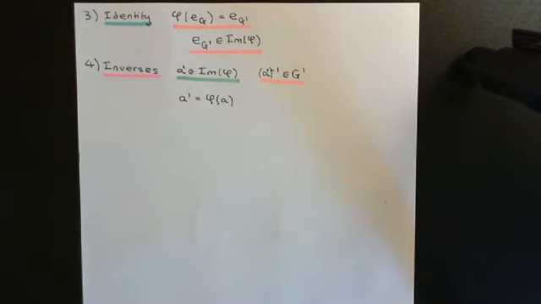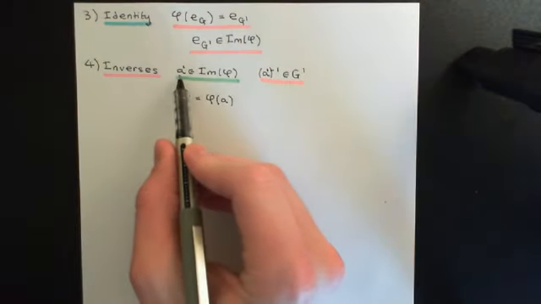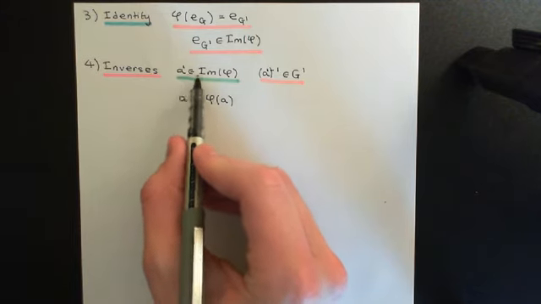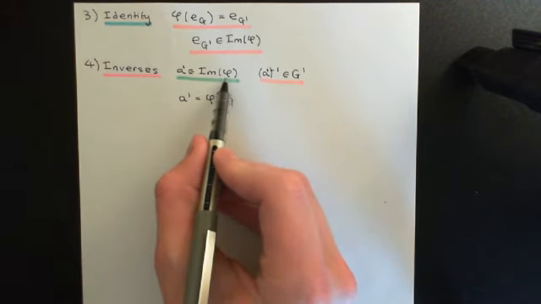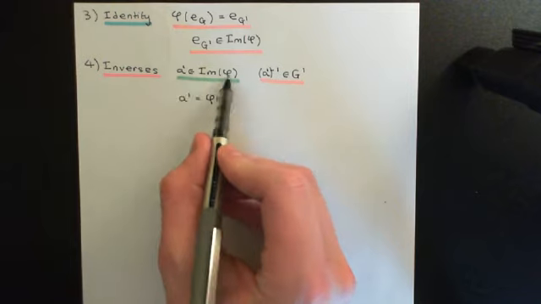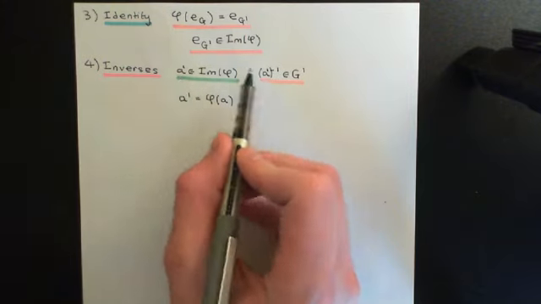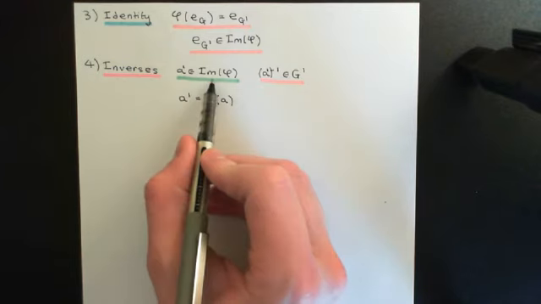So let's say we've got some arbitrary element, little a prime, which is an element of the image of the homomorphism. What I want to prove is that its inverse element is also an element of the image of the homomorphism.